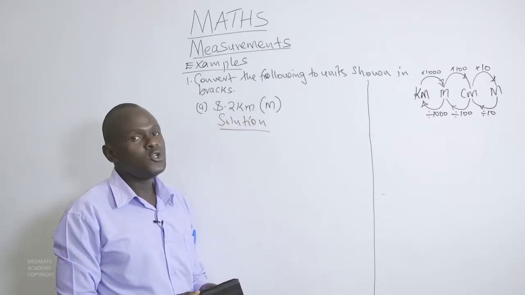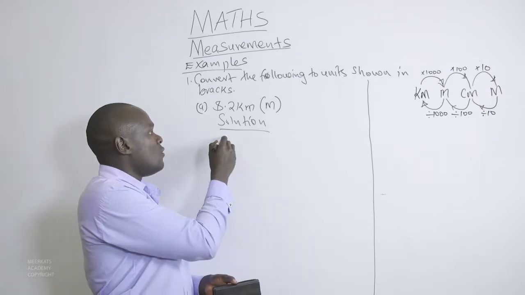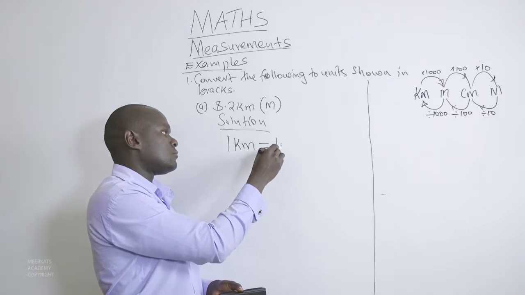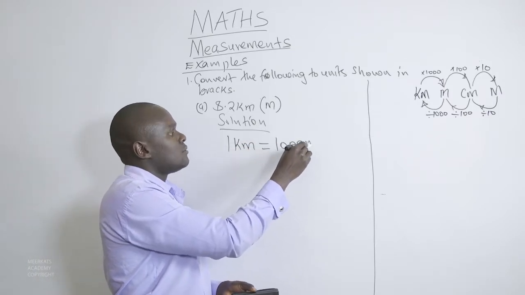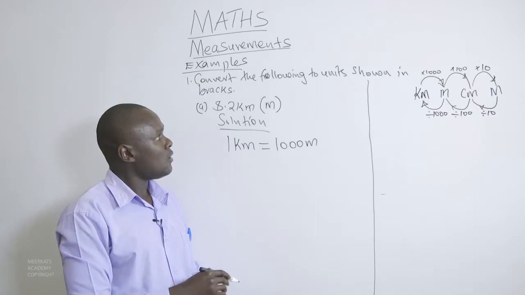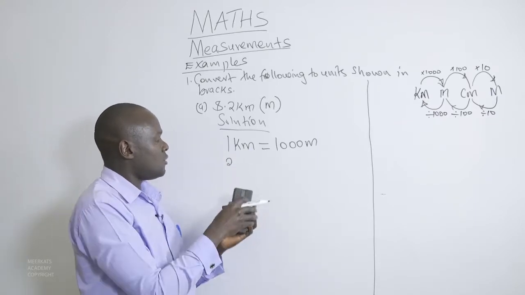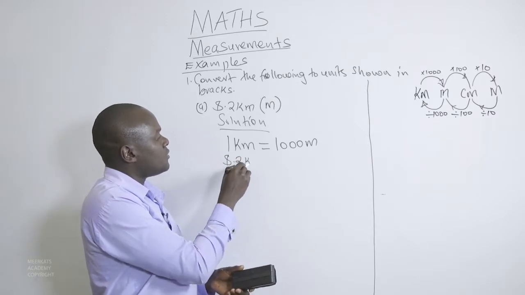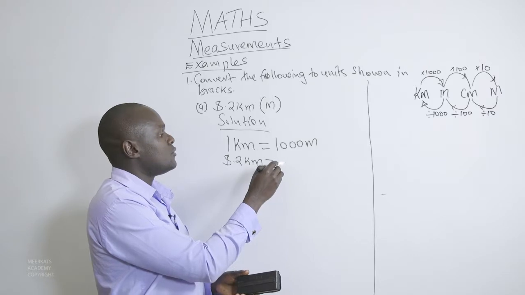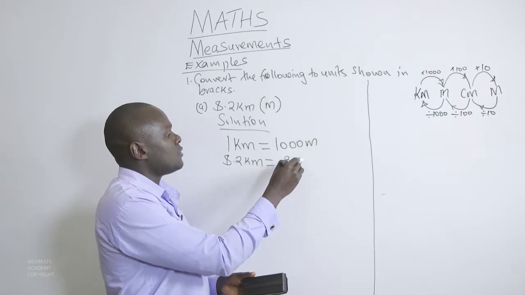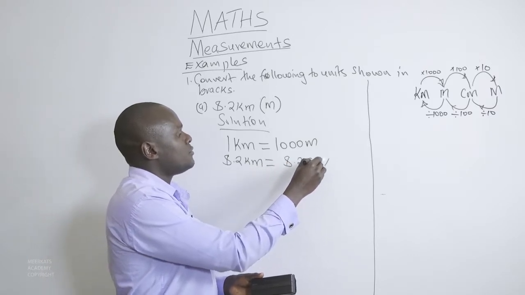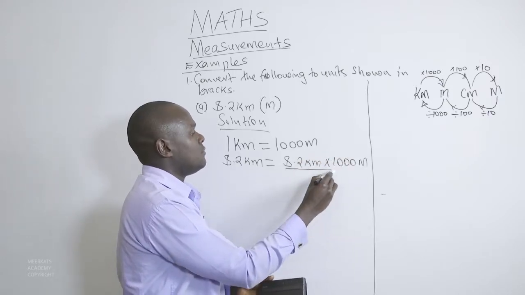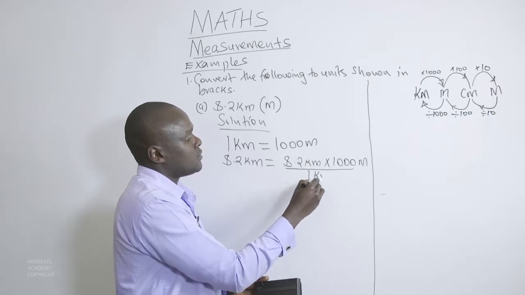Or you can start by saying that 1 kilometer is equivalent to 1,000 meters. What about 8.2 kilometers? This will be equal to 8.2 kilometers multiplied by 1,000 meters divided by 1 kilometer.